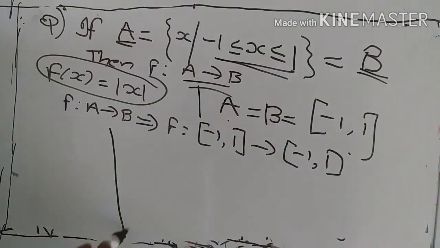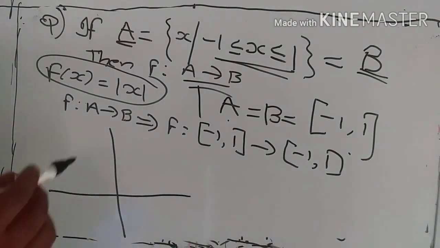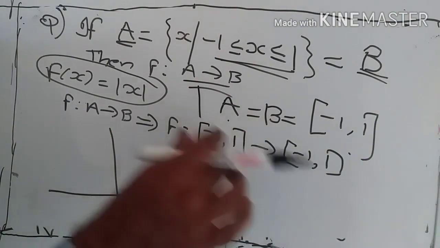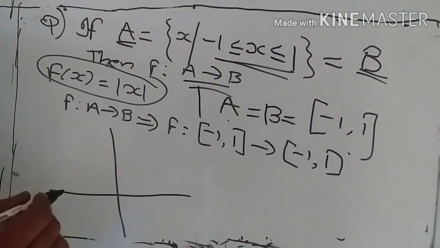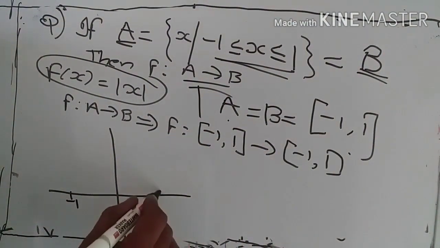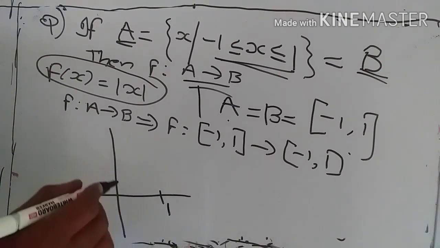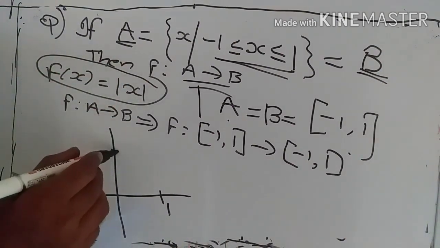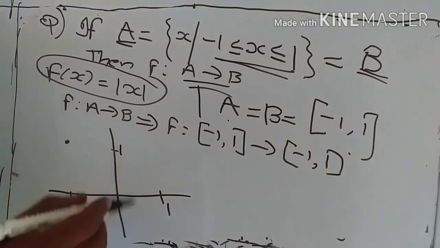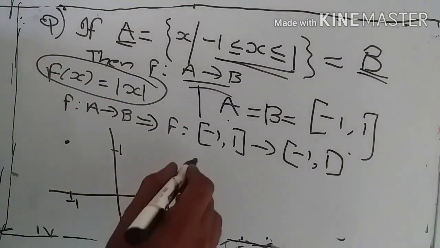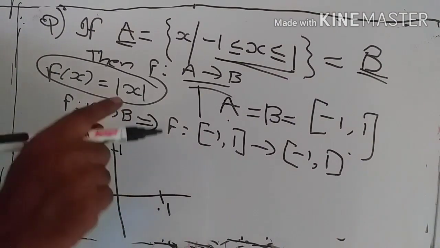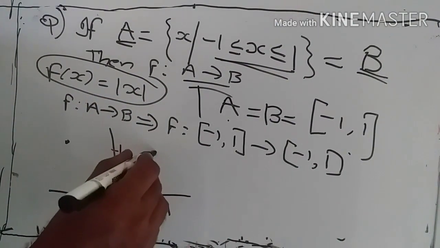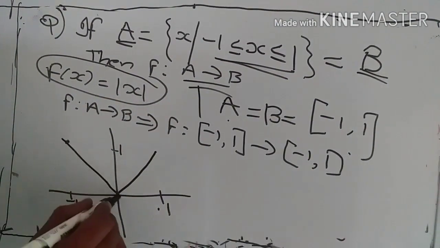So let's draw the graph of mod x in the interval minus 1 to 1. When x is equal to minus 1, y is equal to mod of minus 1, which is 1. When x is equal to 1, y is equal to mod 1, which is 1. So this is the graph.